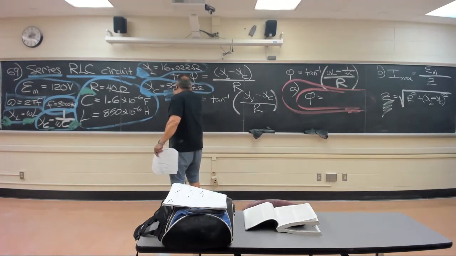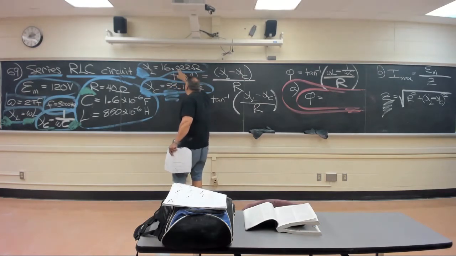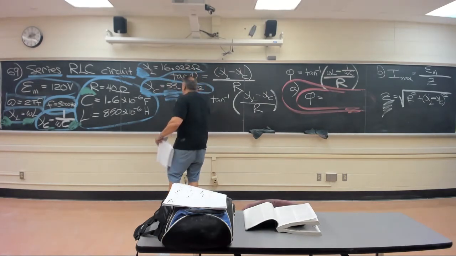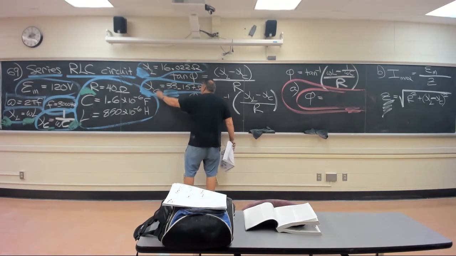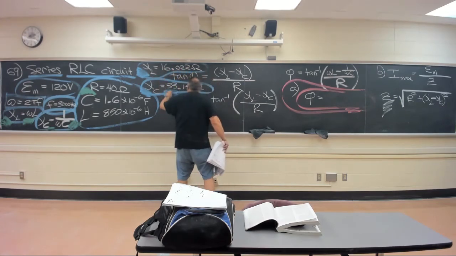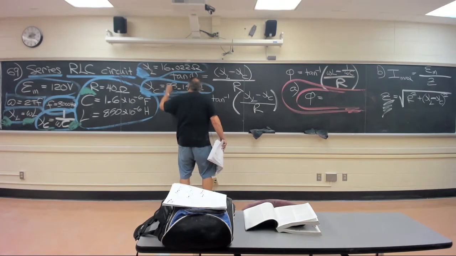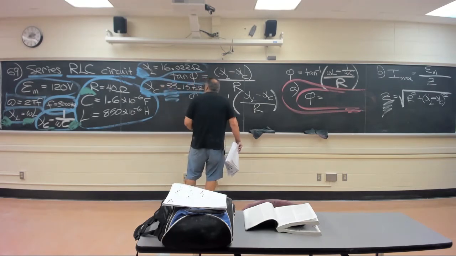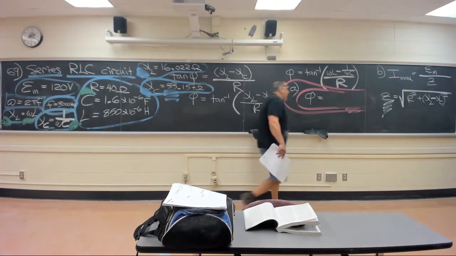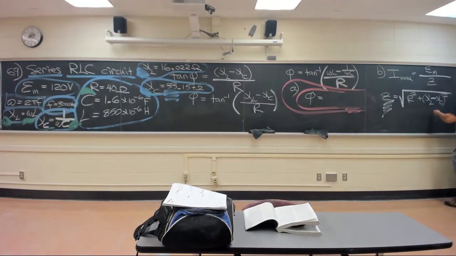You're going to put in 33.157 for X sub C, and the 16.022 ohms you're going to put in for X sub L. If you go X sub L minus X sub C, this is about 16, this is about 33. 16 minus 33 is negative 17.